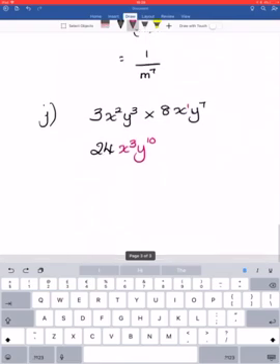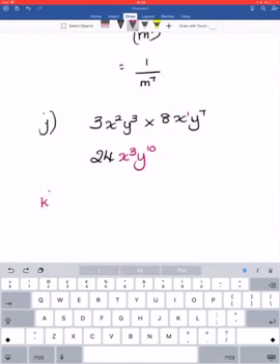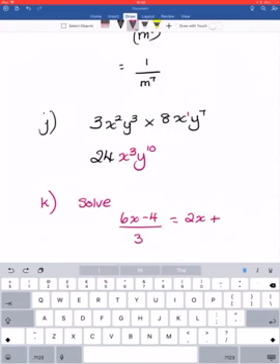What about if you had to solve? So, solve 6x minus 4 over 3 equals, I'm making this up so it might not work, 2x plus 8.